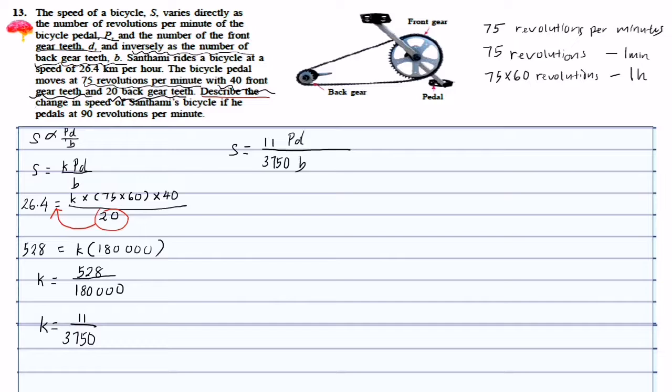Describe the change in speed of Shantimi's bicycle if he pedaled at 90 revolutions per minute. Okay, we need to find the speed. 90 revolutions per minute changed to per hour is 90 times 60.